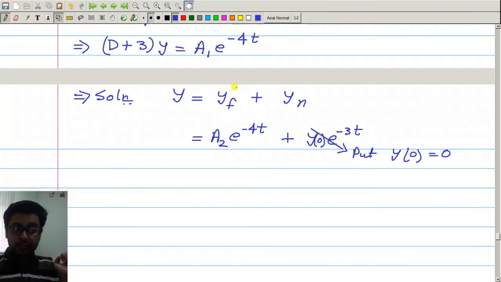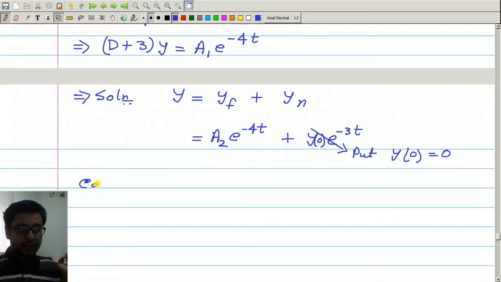And forced response alone will always satisfy the given differential equation. We do not need natural response to satisfy the differential equation. We need natural response only to satisfy the boundary conditions. Okay, so y will be of this form.